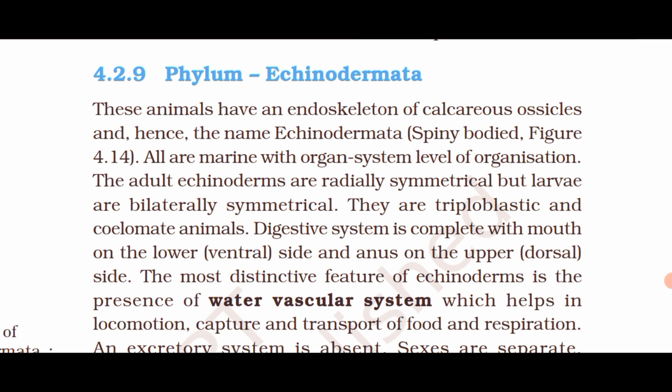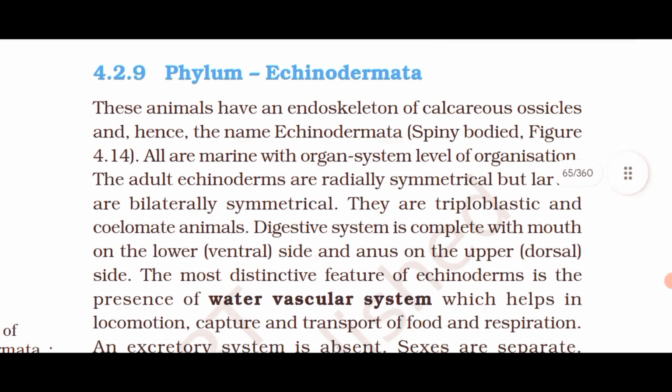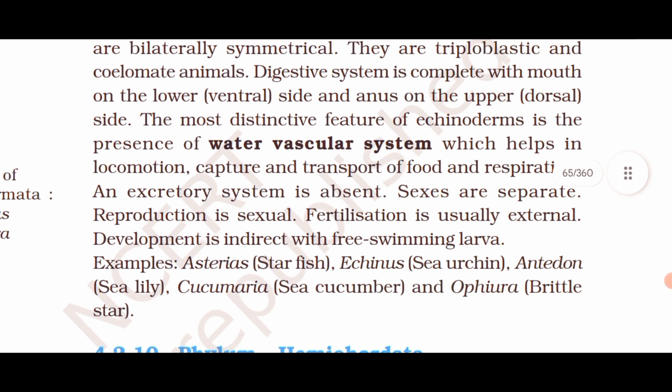Digestive system is complete with mouth on the lower ventral side and anus on the upper dorsal side. The most distinctive feature of echinoderms is the presence of water vascular system which helps in locomotion, capture and transport of food and respiration, and excretory system is absent.